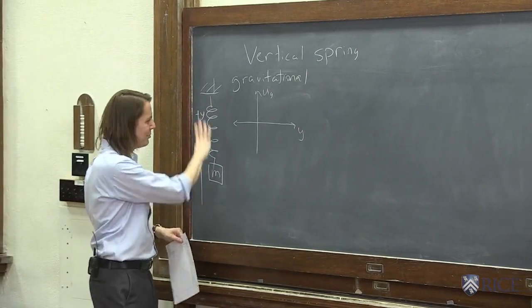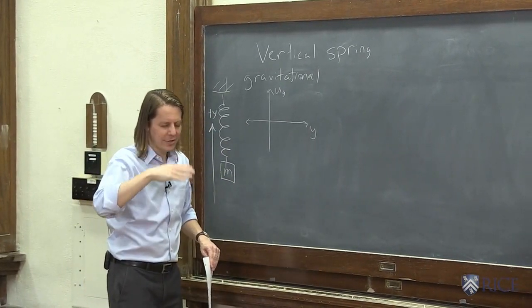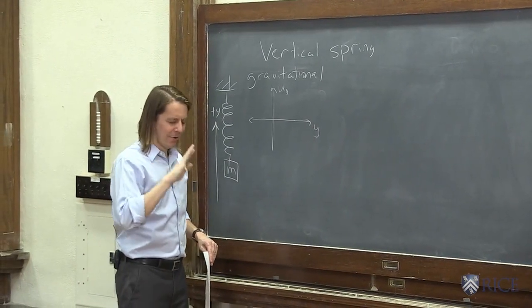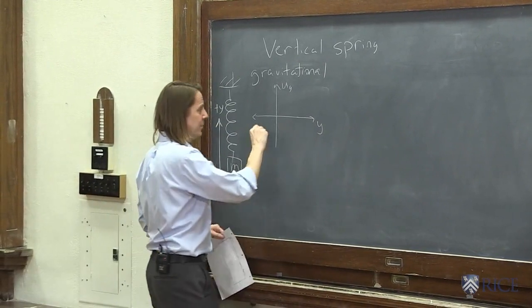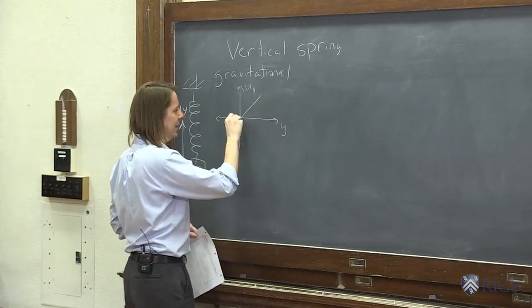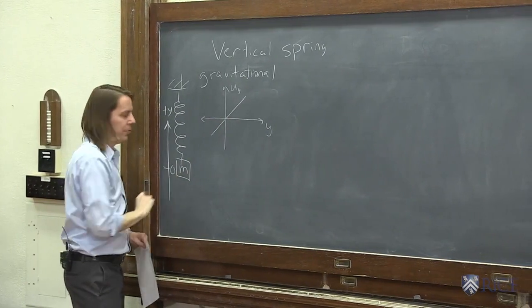So we're thinking about the spring moving up and down in y, but we're plotting y this way. What does the gravitational potential energy do as you move up and down? It's just linear, mgy. So it looks like this. If you call this 0, it can go negative if you move below what you would call 0.